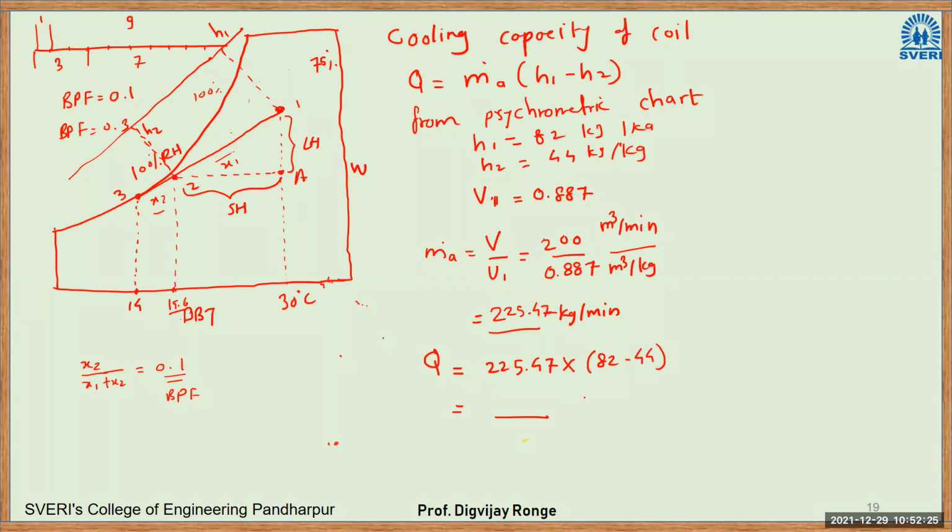Here the unit will be kilojoule per minute, right? Then convert this kilojoule per minute into kilowatt, and ultimately you can go for tons of refrigeration, right? First calculate the value in kilojoule per minute, then calculate the value in kilowatt. If you are calculating directly in kilowatt, you can put that in the chat box with units.